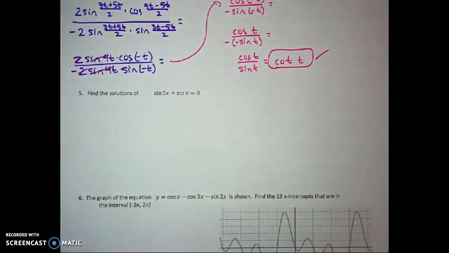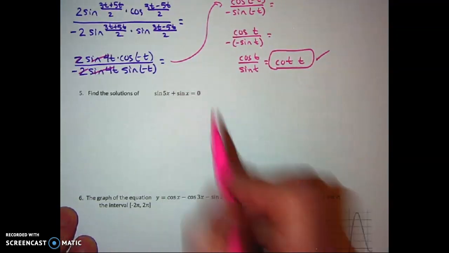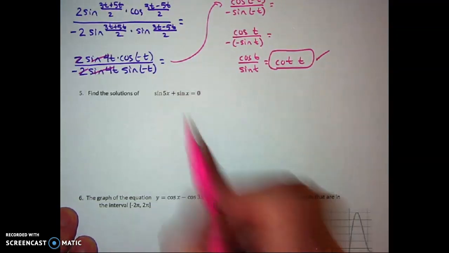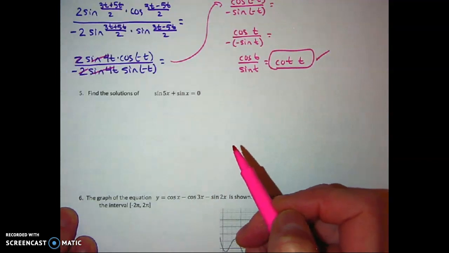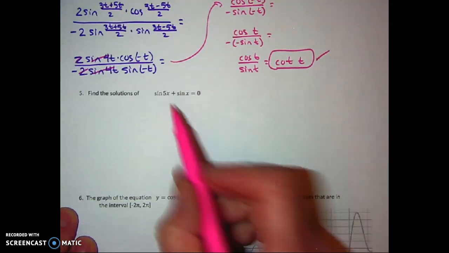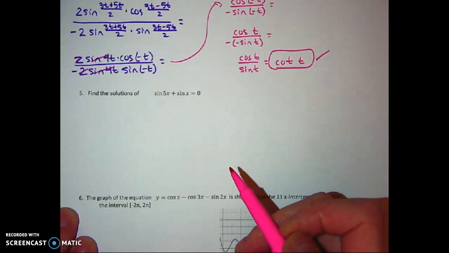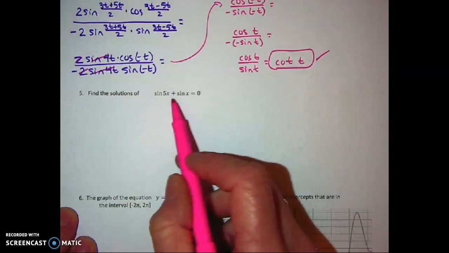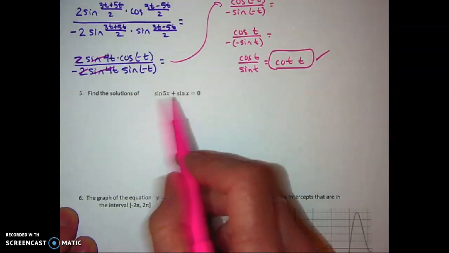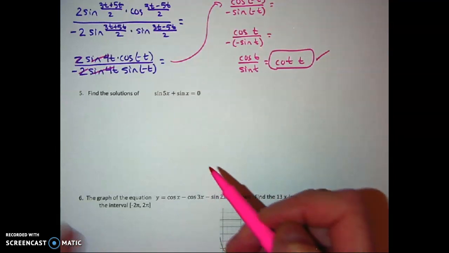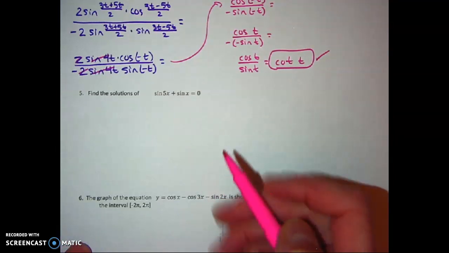Problem number 5 wants me to find the solutions. I could bring the sine over and try to find when sine of 5x equals the negative sine of x. That's rather difficult, and I can't set each of those equal to 0. So basically what I want to do is change this sum into a product, because once I have a product, then I can use the zero product property.